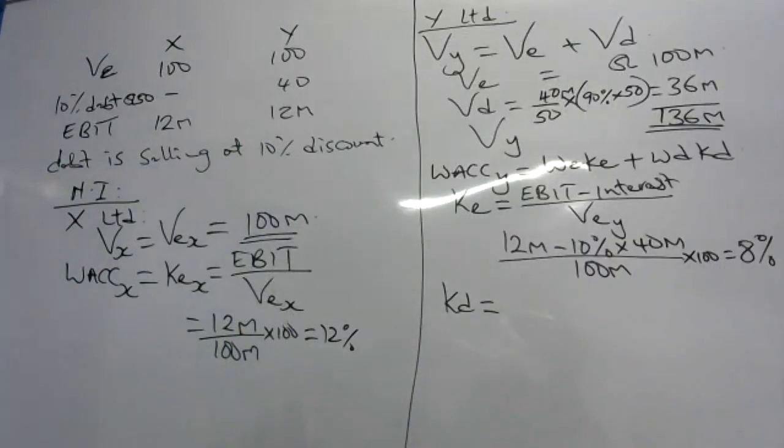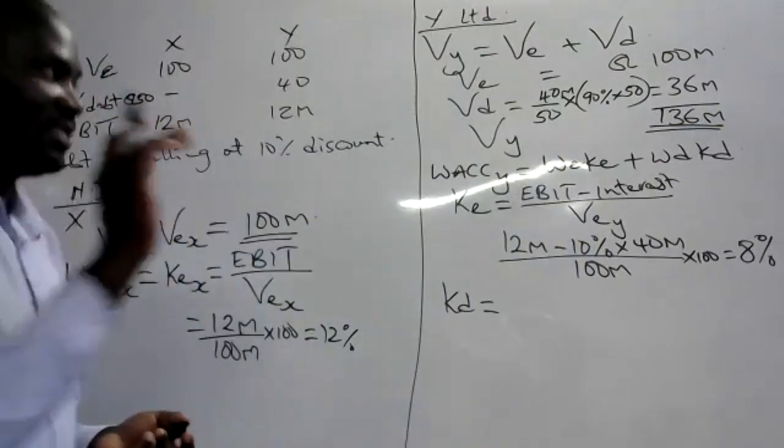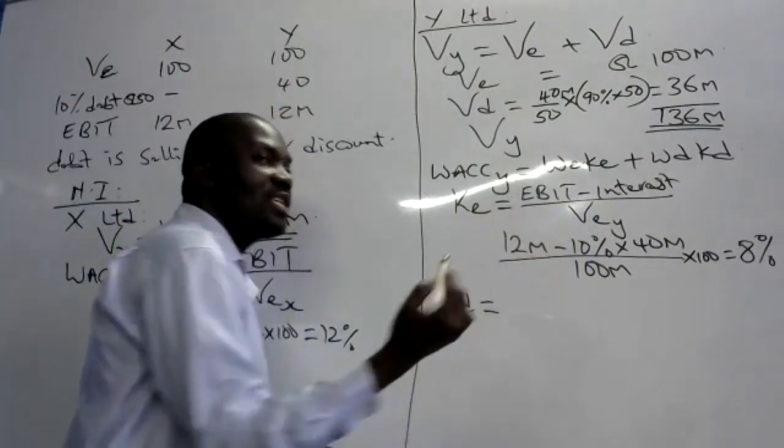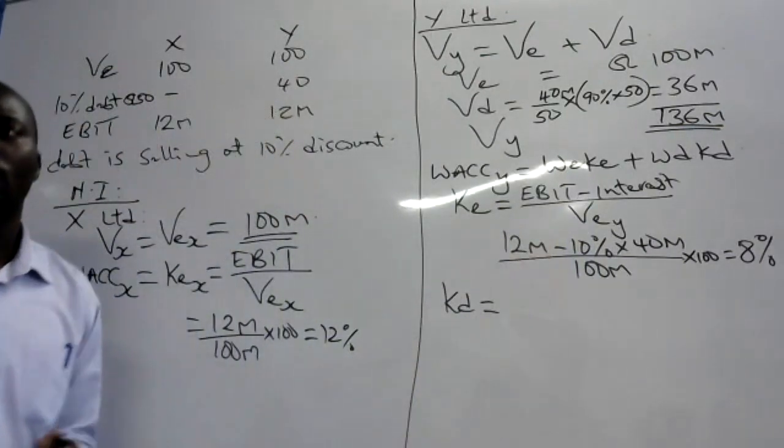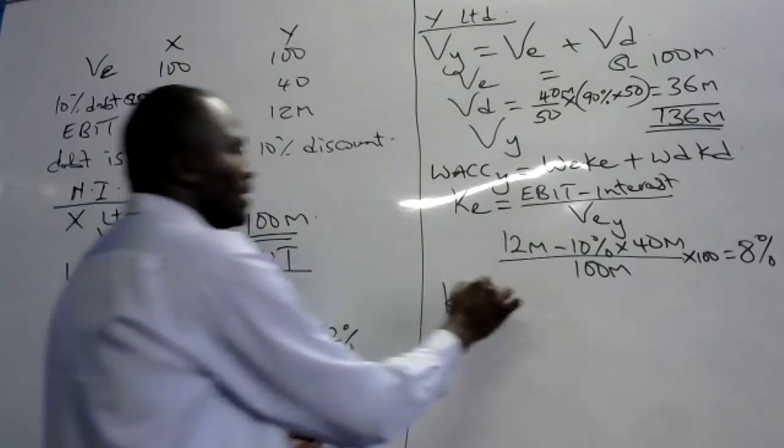We are just borrowing from the formula of KD, interest over the market value. So our interest is 10% of how much?